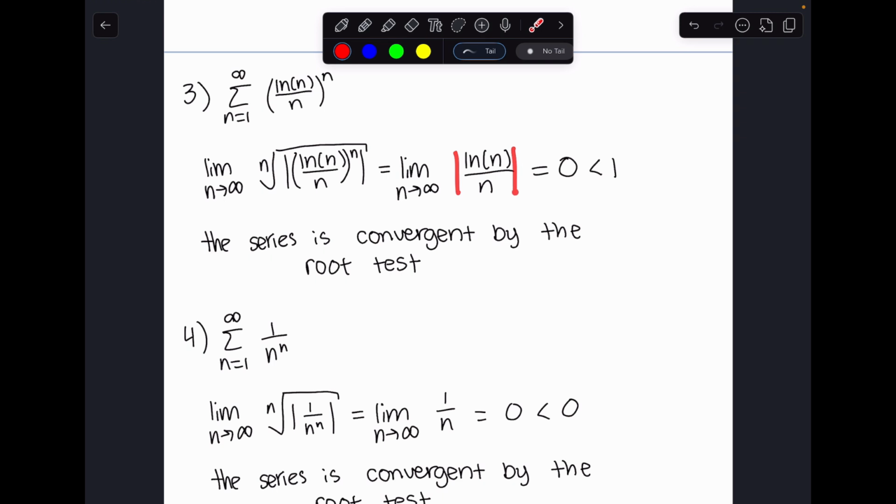And keep in mind, this had the absolute value on it, but since I'm taking n to infinity and natural log of n is greater than 0 once n hits 1, I'm good to assume that natural log of n is going to be positive for where I'm evaluating it from. This is a pretty well-known limit that it's going to be equal to 0, which is less than 1. And so we're good to say that the series is absolutely convergent by the root test.